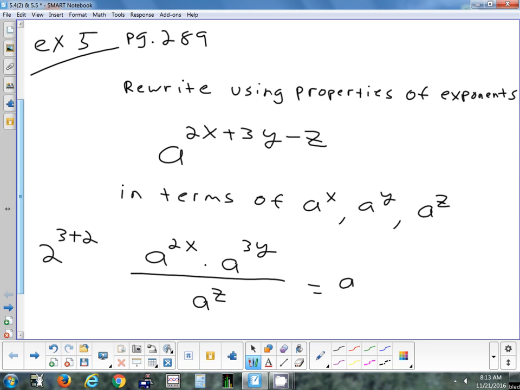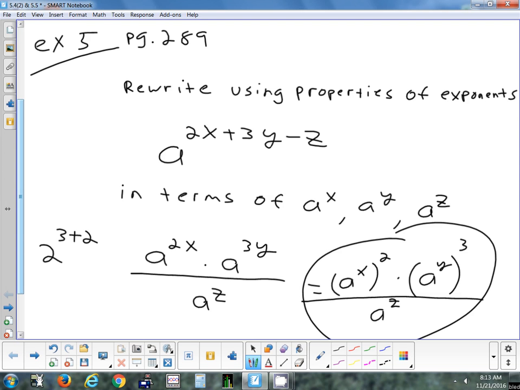You could write either way: a squared to the x or a to the x squared. I'm going to write it that way because that's what they wanted in the final answer. So I have an a to the x times, and now I'm going to do the same thing for a to the 3y. It's a to the y cubed. So I've got an a to the x, an a to the y, and the denominator already had an a to the z.